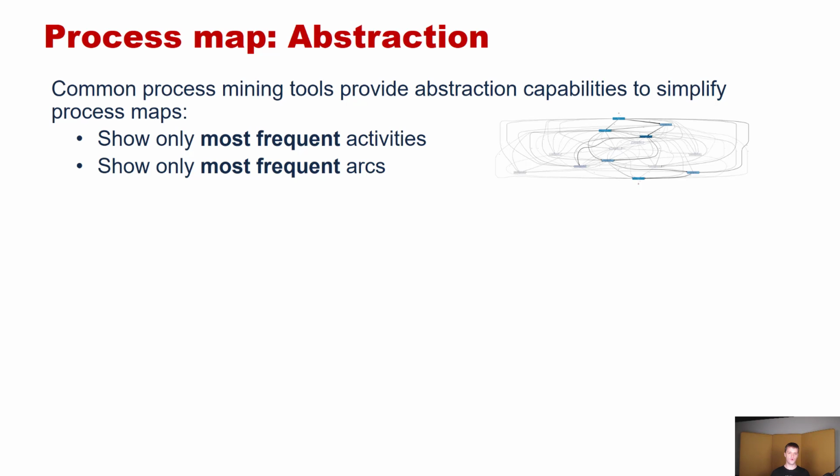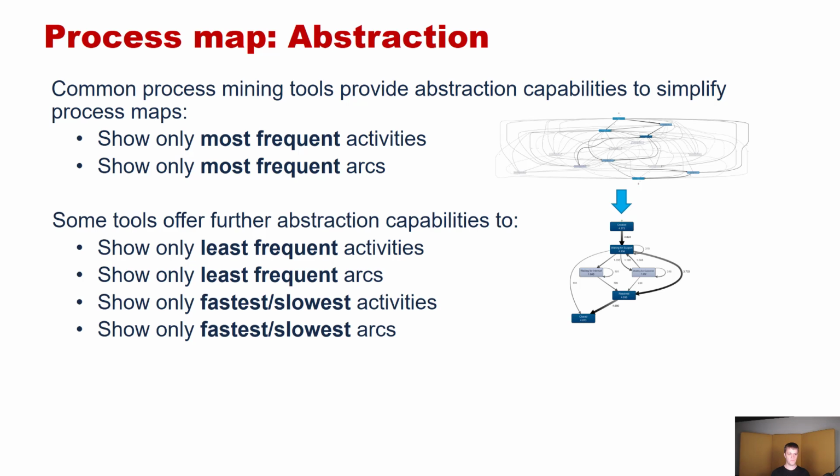So what is abstraction? Common process mining tools provide abstraction capabilities to simplify process maps. For example, to show only most frequent activities or to show only most frequent arcs. So a process map that you can see on the right here will be turned into a much simpler and much more understandable process map.